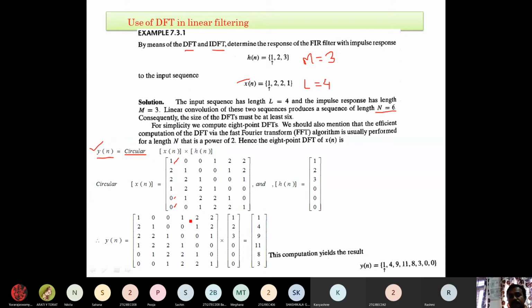Next, what you need to do, because you need to create a 6 cross 6 matrix. Okay, it is a 6 cross 6 matrix. So how to design that one? Also, I need to go for the remaining 5 columns. How to design this one? So the first column is the given sequence. Then go for the circular shift. Move the bottom element into the top element.